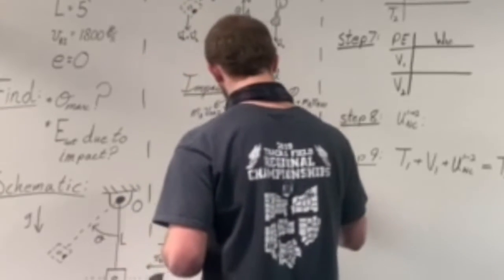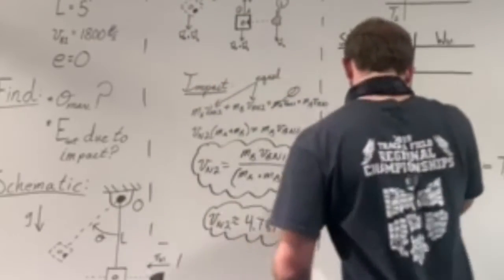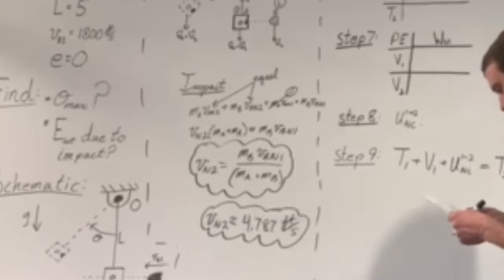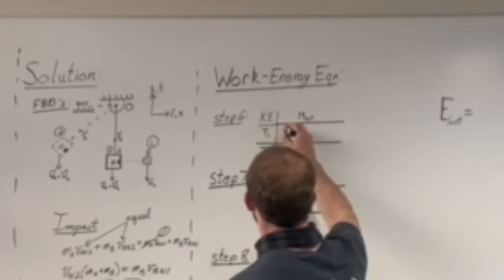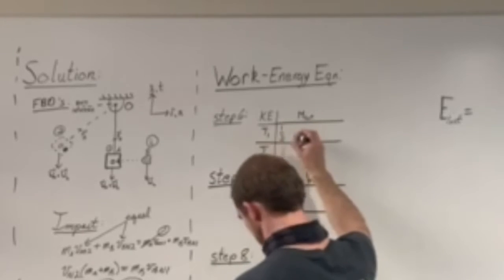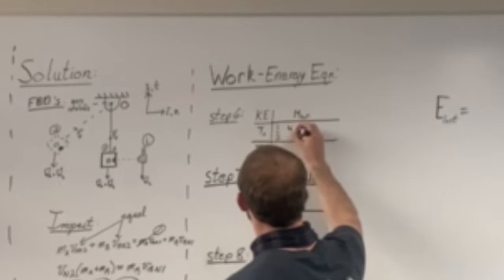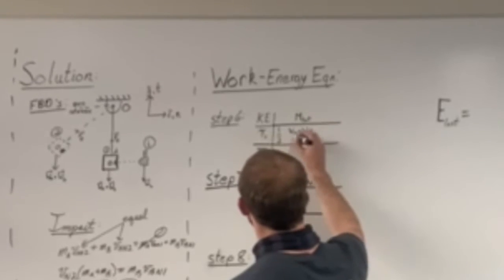So now we have an approximate value for Vn2 and the symbolic equation. Now Hayden will start by finding the kinetic energy for the mass at state 1 and state 2. And remember, this is not the initial, this is state 1, which is at the very bottom with the bullet in it, and state 2, which is the maximum with the bullet in it.